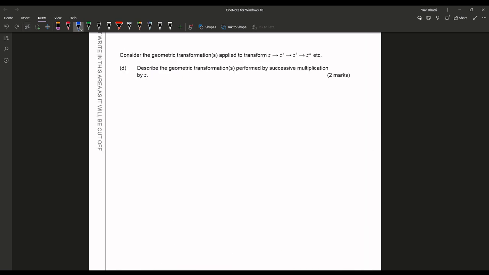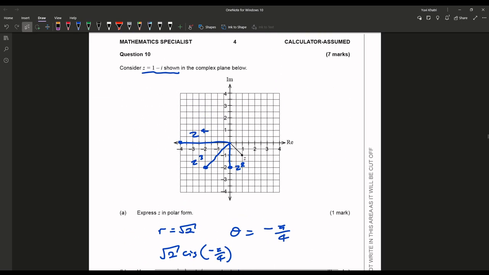D just wants us to look at geometric transformations when we're multiplying by z. Now that's pretty simple. If we look at these, every time we're multiplying by z, it's rotating clockwise about the origin 45 degrees, right? That's one thing. And how is it being stretched? Well, every time we multiply by z, the modulus multiplies by root 2.